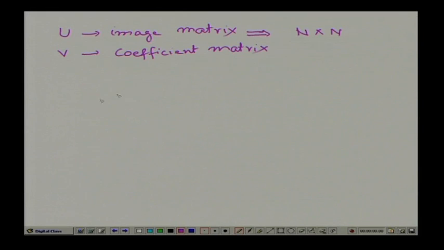That is, we concatenate one row after another. So, by this row ordering, we are transforming this matrix of dimension capital N by capital N to a vector of dimension capital N square. The vector that we get, let us represent by the variable U. So, by row ordering, the input image matrix is mapped to a vector U.